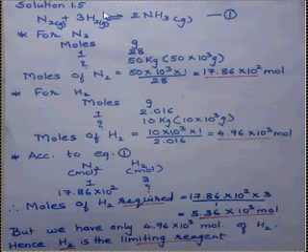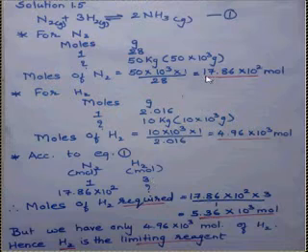Now according to equation 1, that is this equation, we get the moles of N2 and H2 as, when we have 1 mole of N2, we need 3 moles of H2. So 1 and 3 over here.